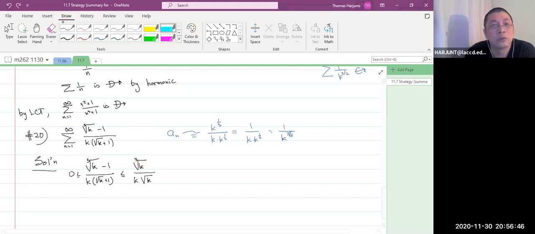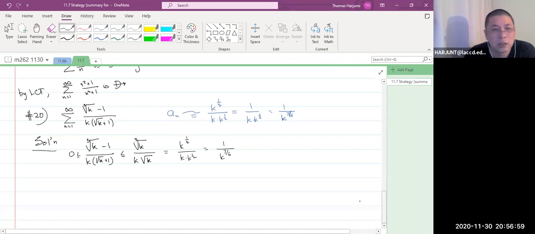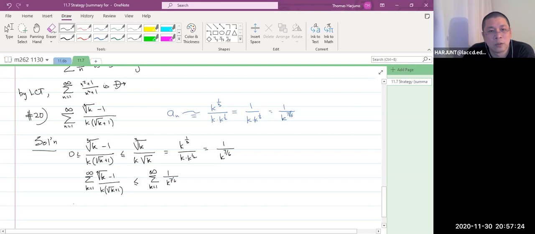This is equal to k to the power of 1/3 over k times k to the power of 1/2. That's 1 over k to the power of 7 over 6. Now then, we can talk about the series. This series is convergent by P series, P equals 7 over 6, which is greater than 1.